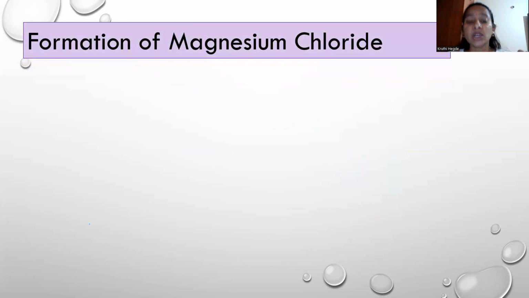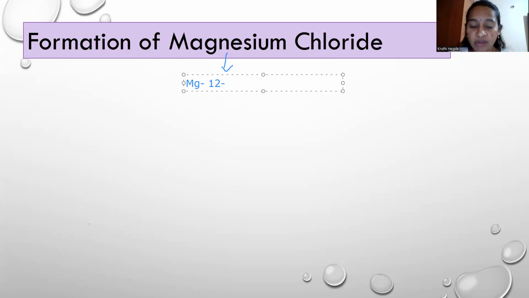Formation of magnesium chloride. Before we see the image, let us discuss, from your memory, magnesium. What is its symbol? Do you remember? Magnesium symbol is Mg. And its atomic number, try to recall it from your mind. It is 12.